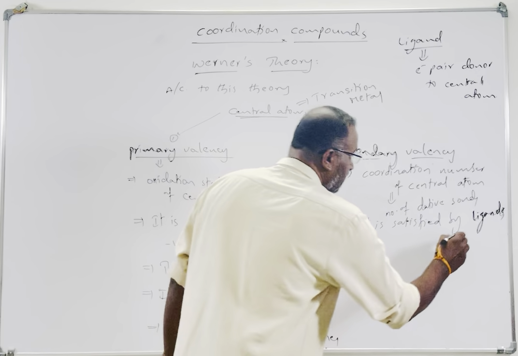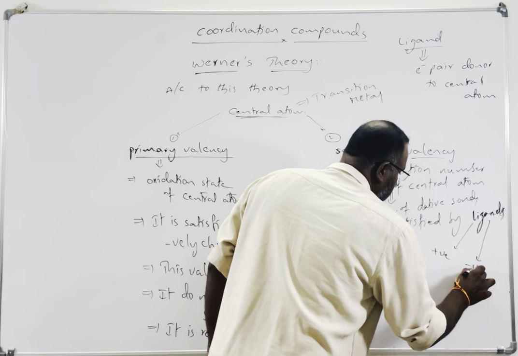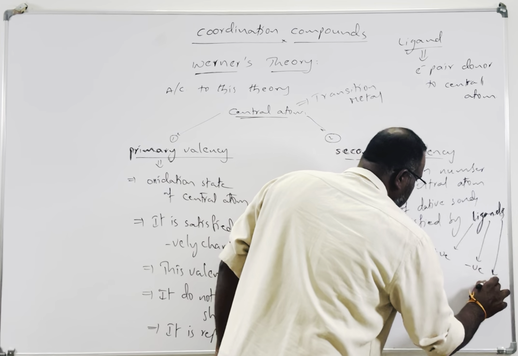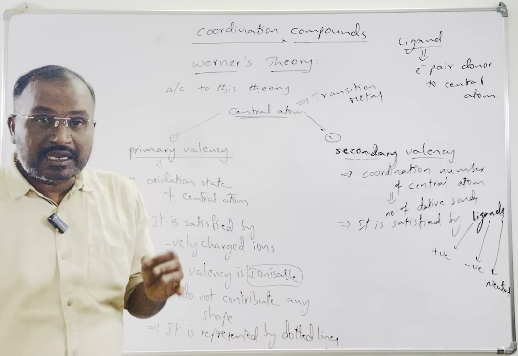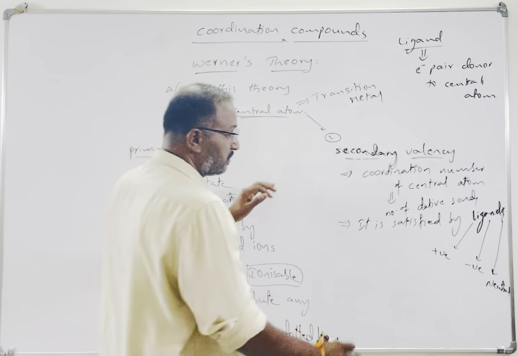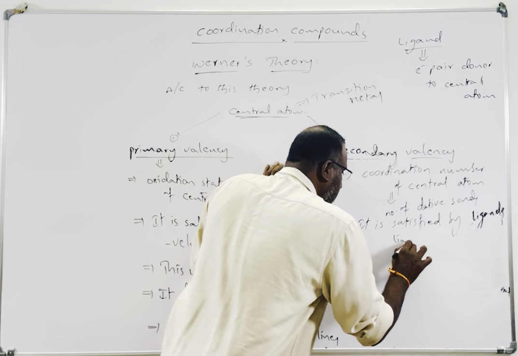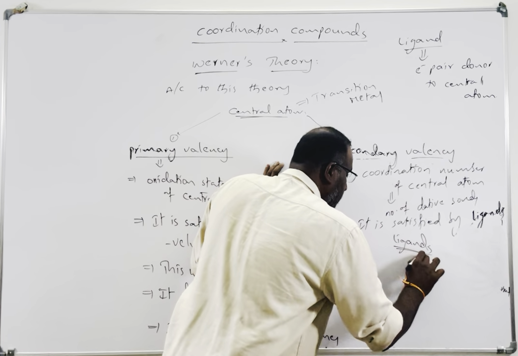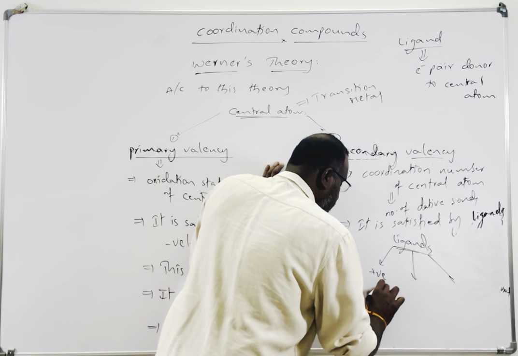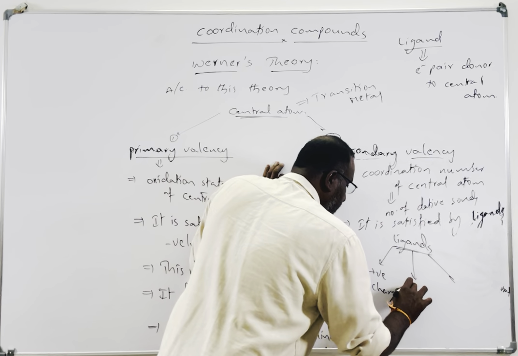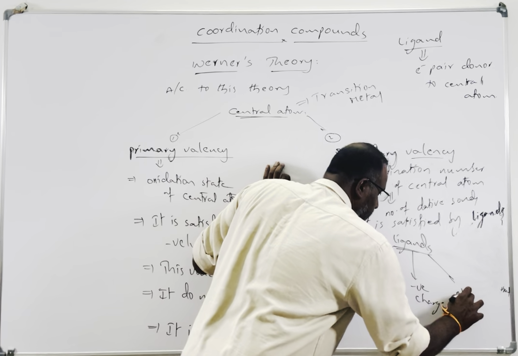So this ligand may be positively charged, negatively charged, or a neutral molecule. Once again I am saying, the ligands which are satisfying secondary valency may be positive charge, negative charge, or neutral molecules.